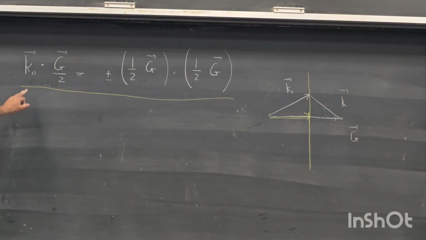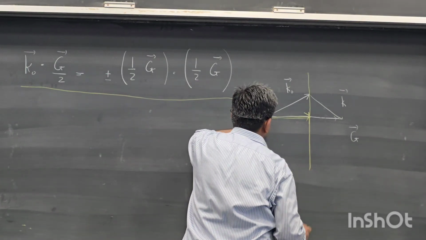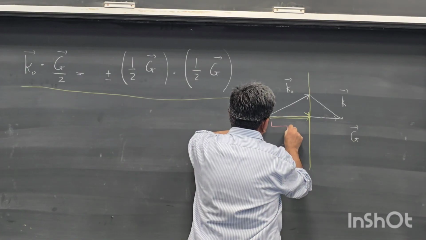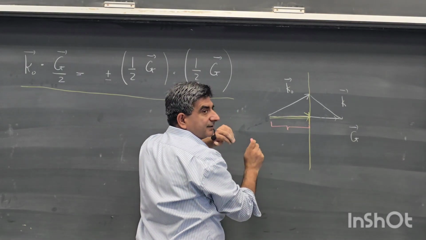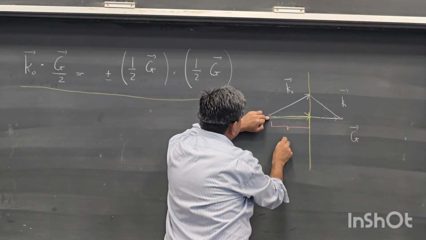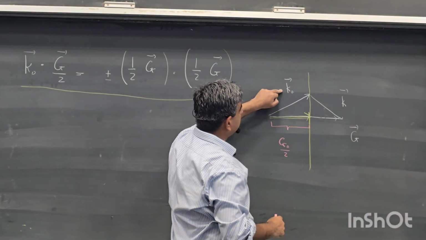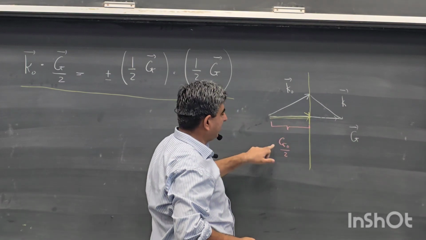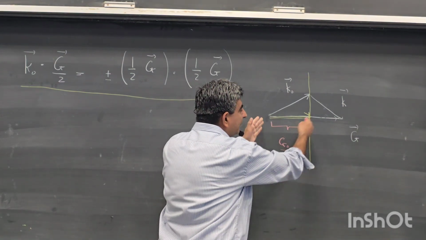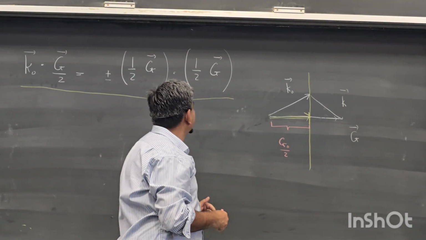Isn't it? K naught dot product with g over 2, I will get some vector, some magnitude, some length here. So this is this length, g over 2, isn't it? So this is the projection of k naught in this direction, and this is g over 2, half of the reciprocal lattice vector. Okay?